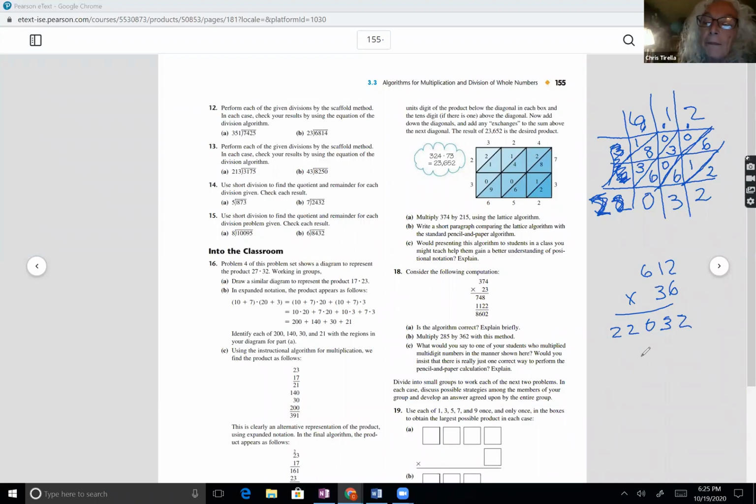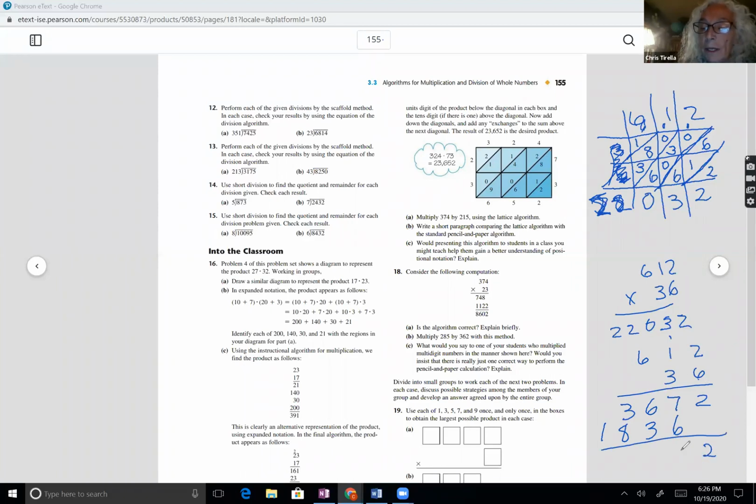And if you stop and think about the more traditional way of multiplying those numbers, I would take 6 times 2 is 12, carry the 1, 6 times 1 is 6, plus 1 is 7. 6 times 6 is 36. And then when I multiply the 3, because I'm multiplying by the 30, I move over. So moving over place value is like putting it in the different diagonal on the lattice. 3 times 1 is 3. 3 times 6 is 18.